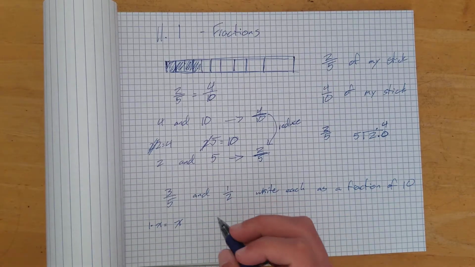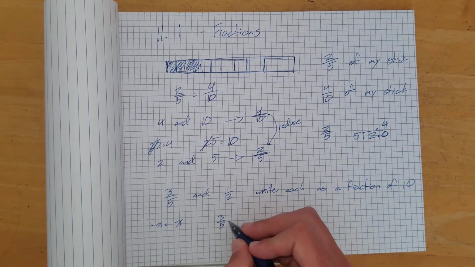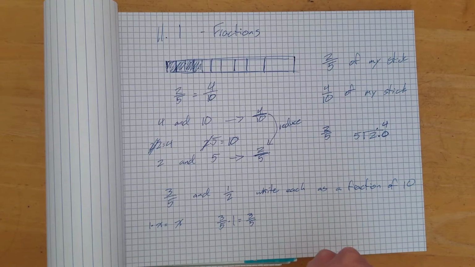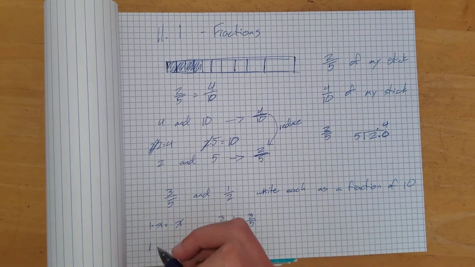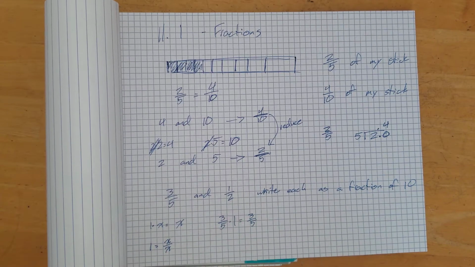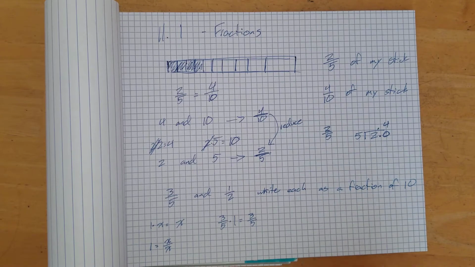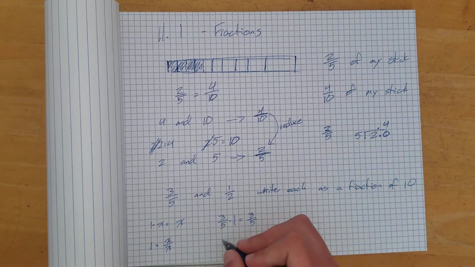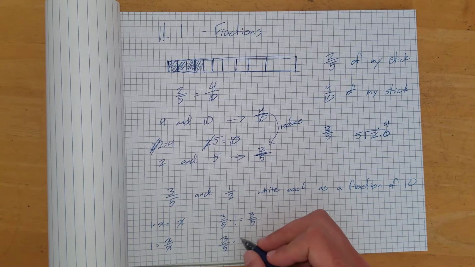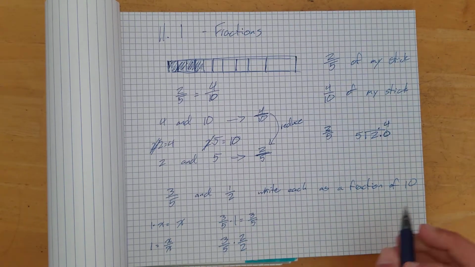So if I have 3/5 times 1, I'm going to get 3/5. And if you remember, 1 equals x over x. So I can write this 1 as some number over itself. So I'm going to do 3/5 times 2/2, because 5 times 2 is going to give me 10.